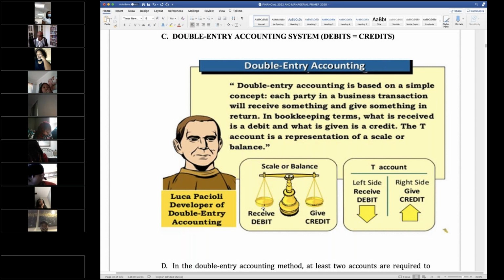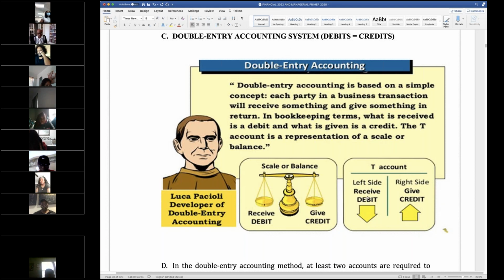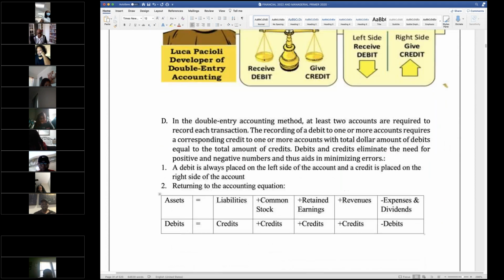We receive something of value and we give something of value. What we receive, we debit, on the left of the T account. What we give up, we credit, on the right. So one account, we got something, we're debiting on the left. Another account, we gave up something, we're crediting on the right.